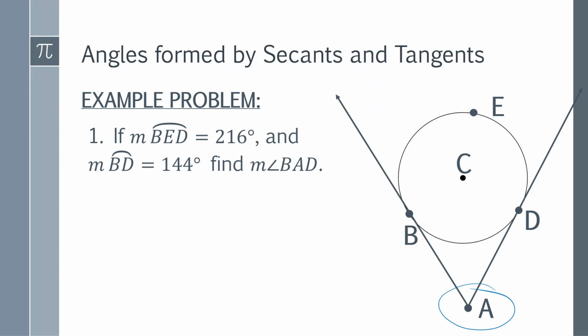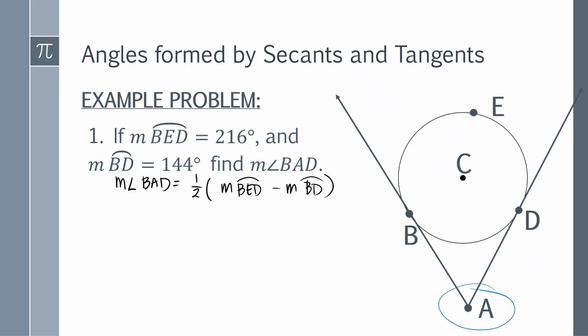The measure of angle BAD is equal to half of the measure of BED, the major arc, minus the measure of BD, the minor arc.